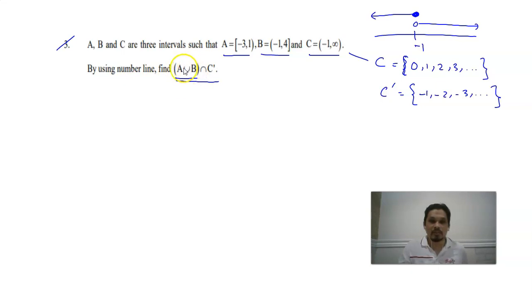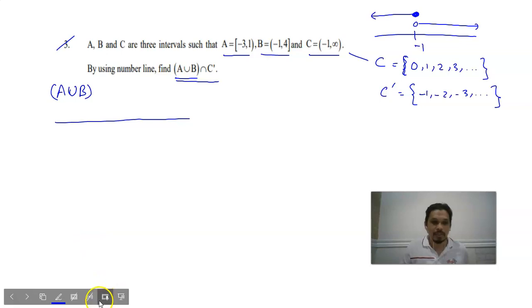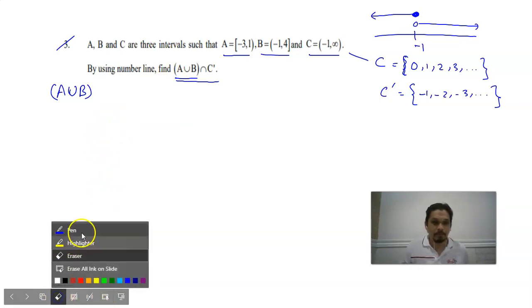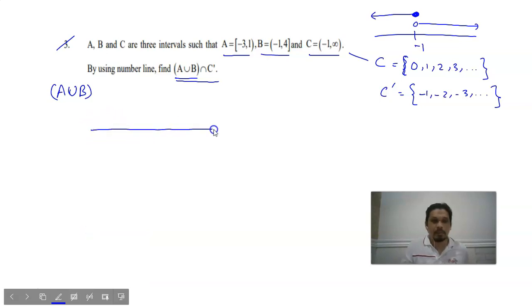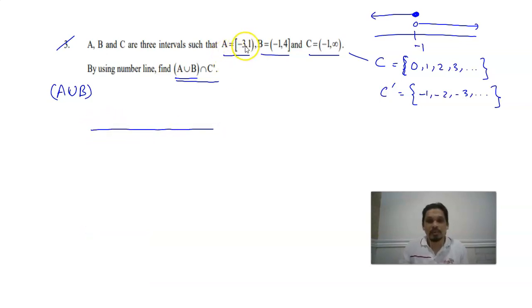Let's find out the solution of this first, A union B. Okay, for A union B, let's take a look at the recall numbers that we have here. -3 until 1. Then next is -1 until 4.